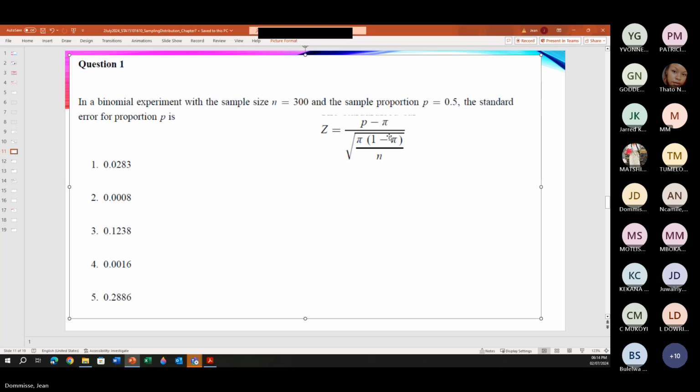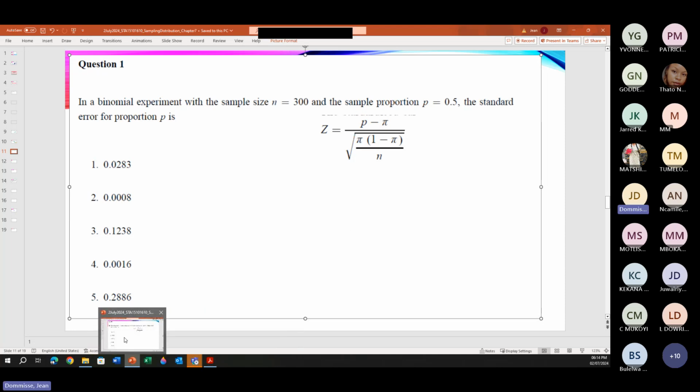So what we're asking here, in a binomial experiment, is the sample size, the sample proportion, and the standard error for the proportion. Okay, so they want us again to work out the standard error.